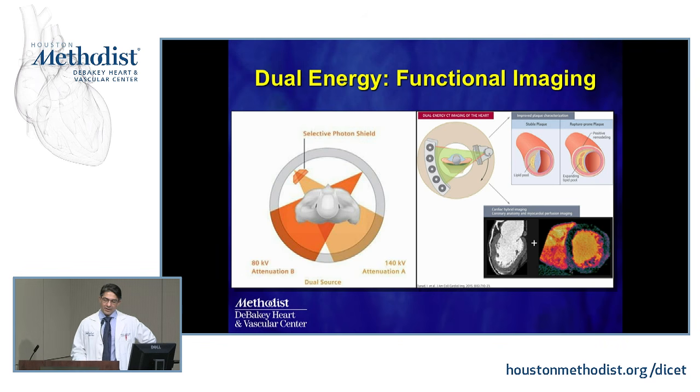And then of course the other benefit of having two detectors is you can send in different photon energies from one compared to the other. And what that can help you do is get more into tissue characteristics, because different substances will behave differently based on how they attenuate under two different energy photon conditions.